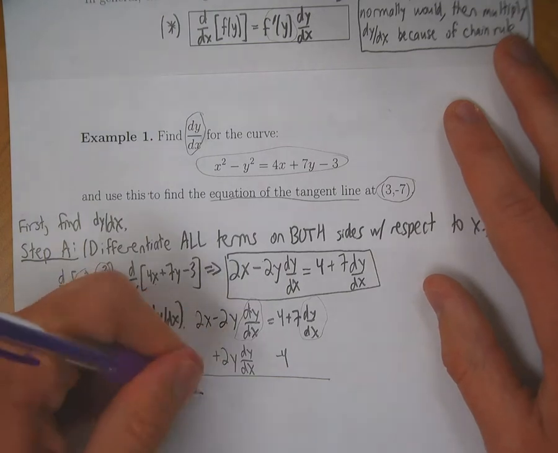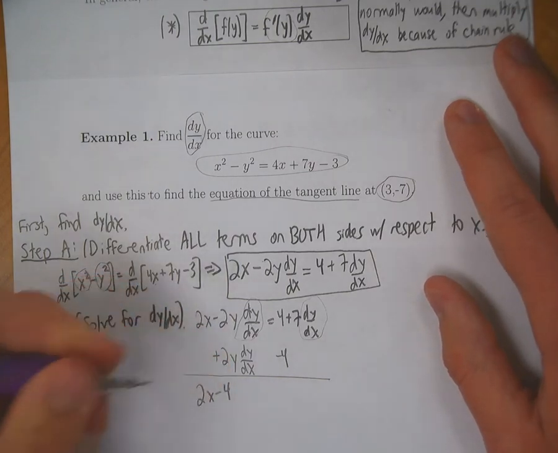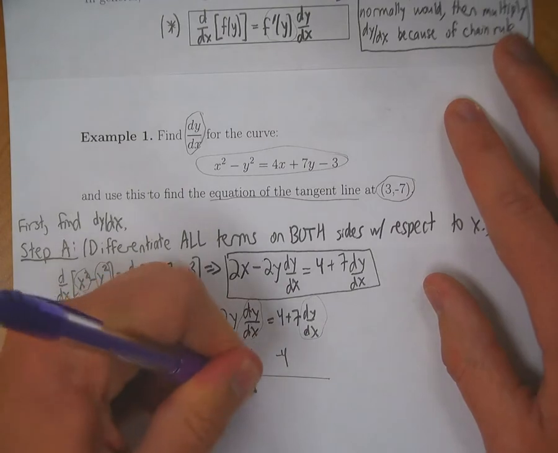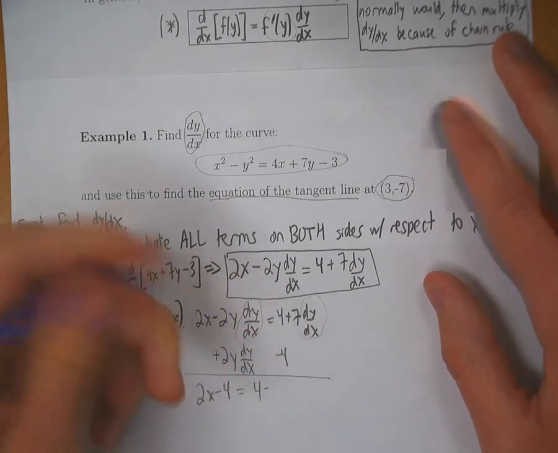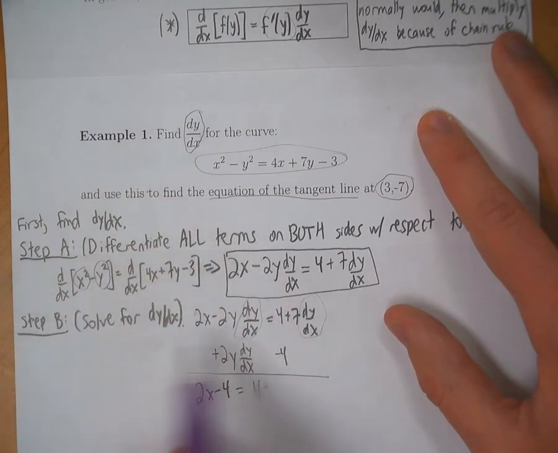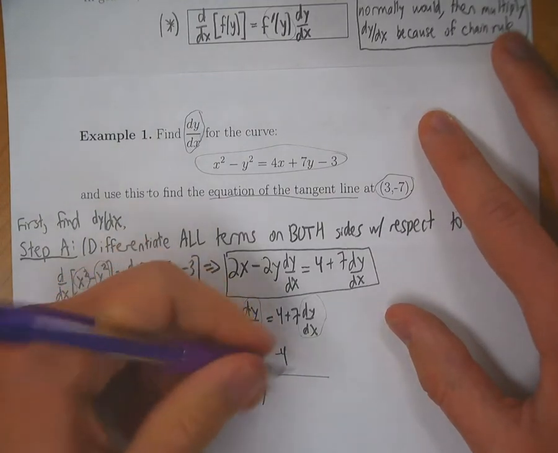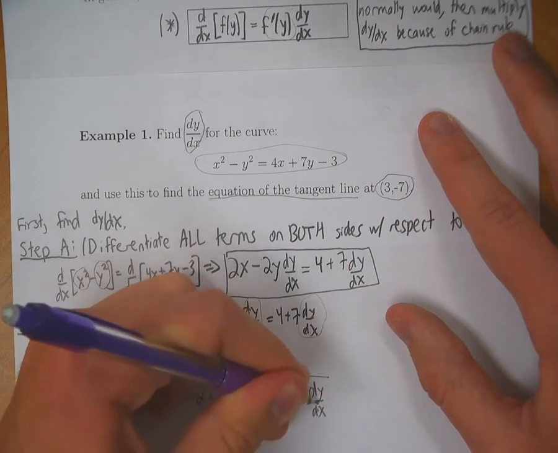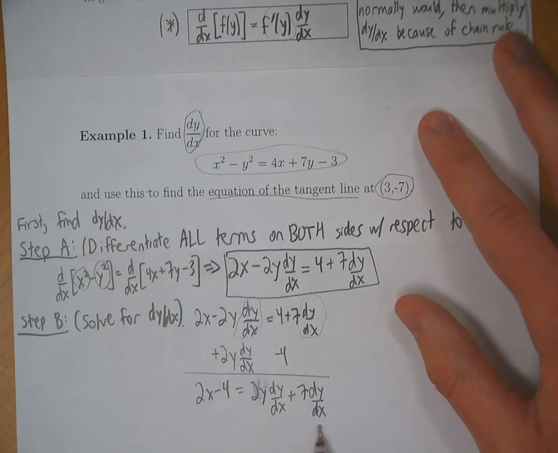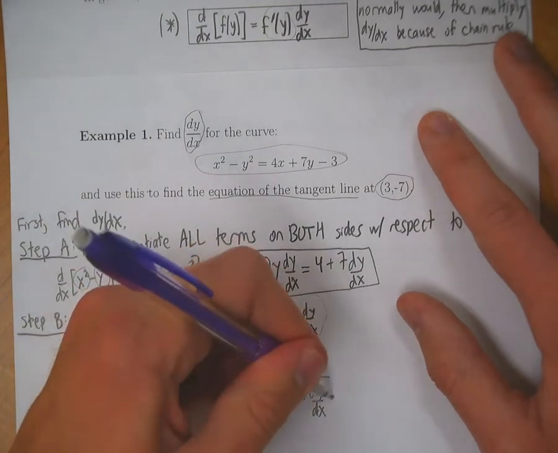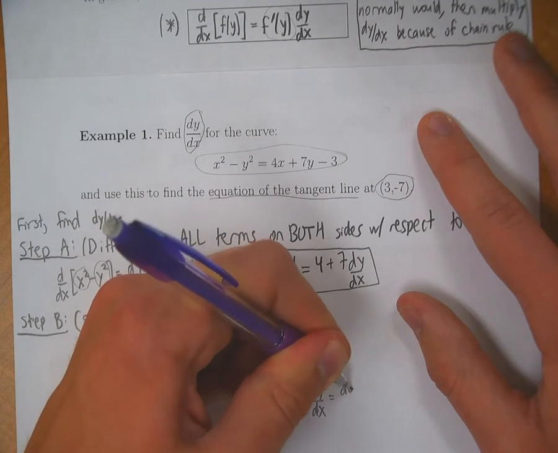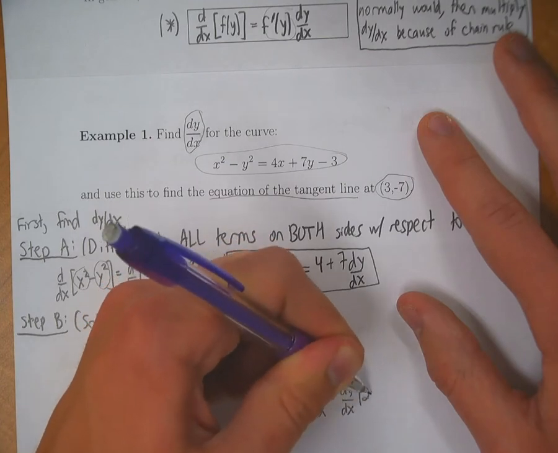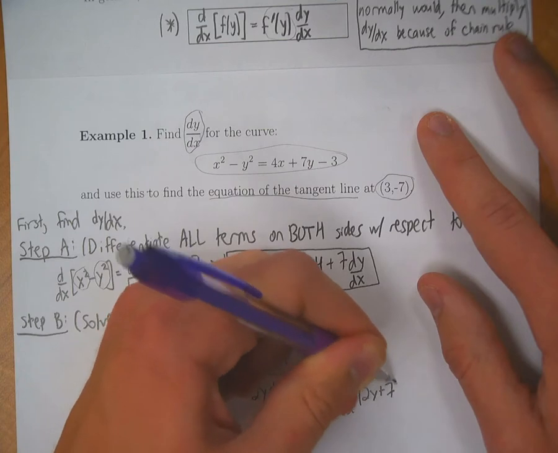Okay? So as a result, this should net you 2x minus 4 equals 2y dy dx plus 7 dy dx. But then what you notice is that, wait a minute, these two terms on the right-hand side have dy dx in them, right? So we can just factor dy dx out of this. So we have dy dx times 2y plus 7.